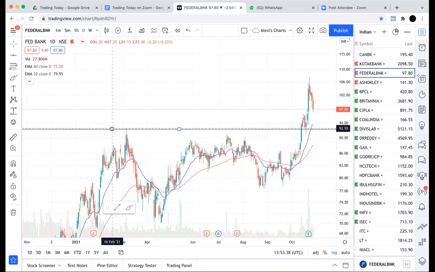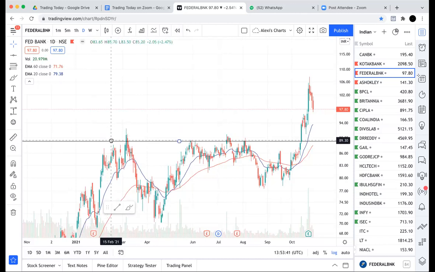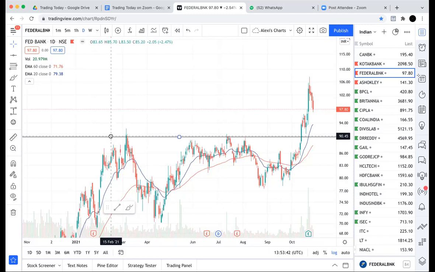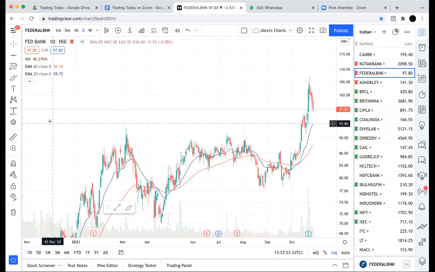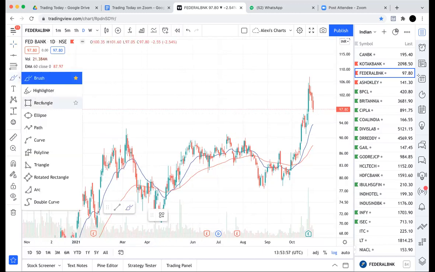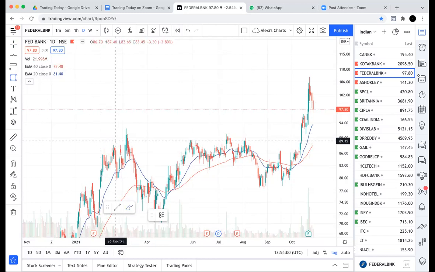Do you place it right up here? Do you place it right down here? Because it's all at different price points. So how do you know which is the exact point of resistance? Well, it's not a particular point, rather it's an area. So it's an area of value.